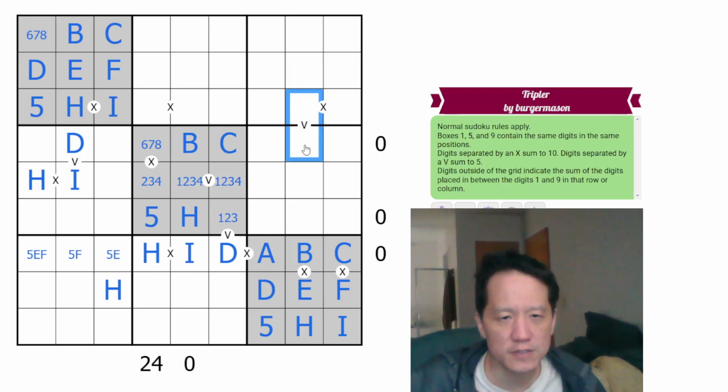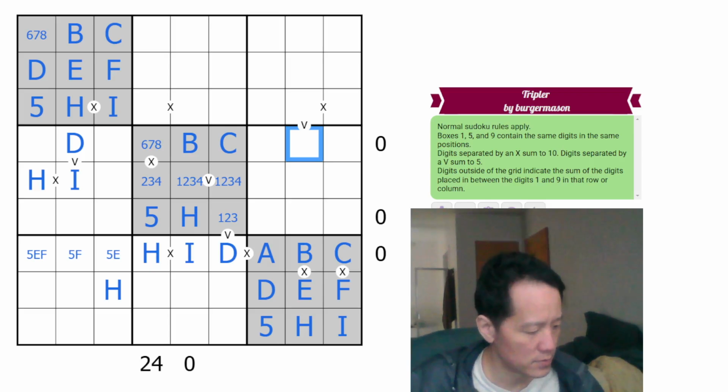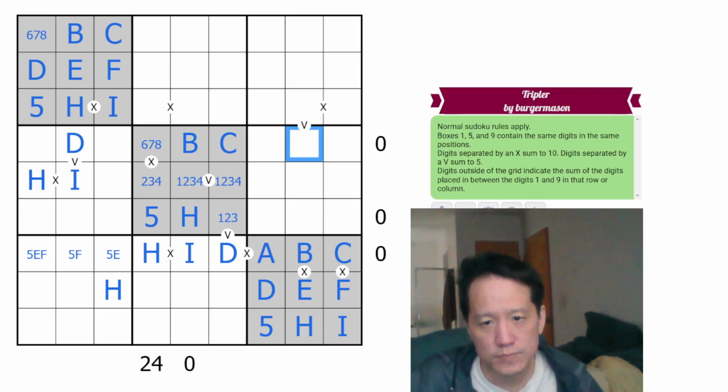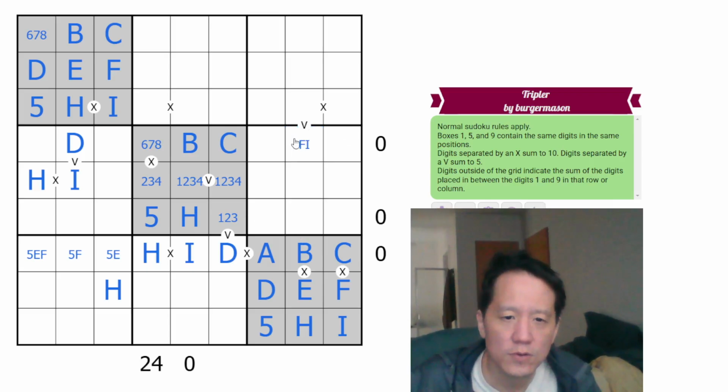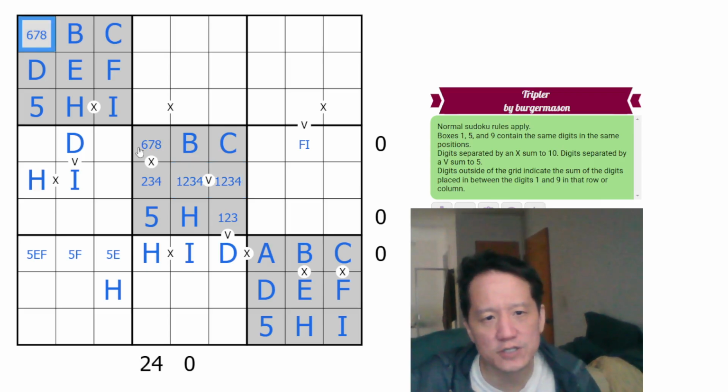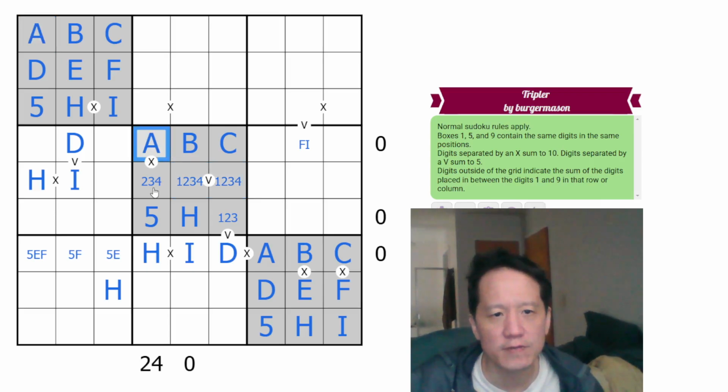The V's here cannot be E. This can't be E or D. So this could be F or I. F and I, though, let's just continue actually using A, D, E, F, right? Because this is just clear. This is I.